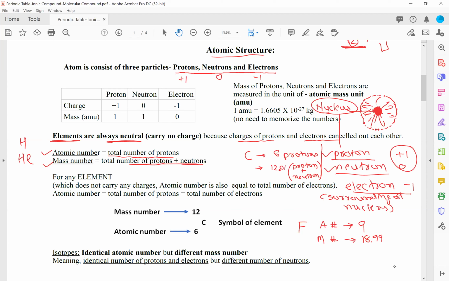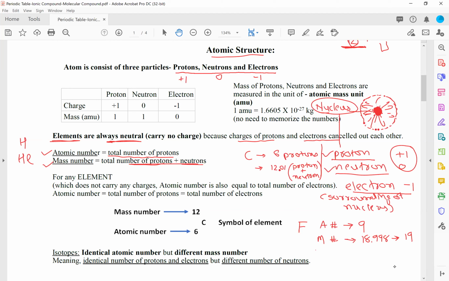All right, so 18.998. What does it mean? We can just round it off. I'm going to explain when we round it off and when we do not. We are going to round it off to 19, because it's 18.99, so it's almost 19.